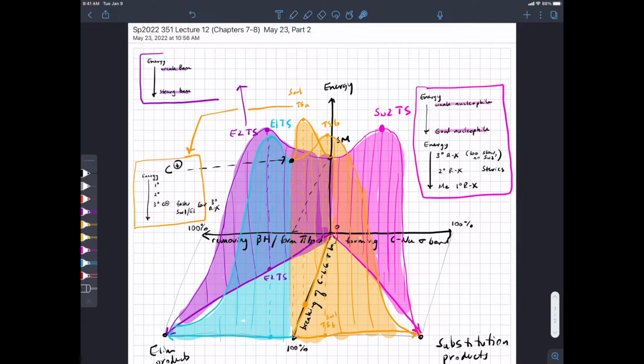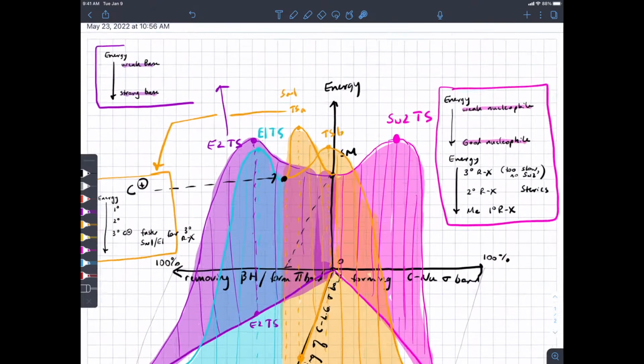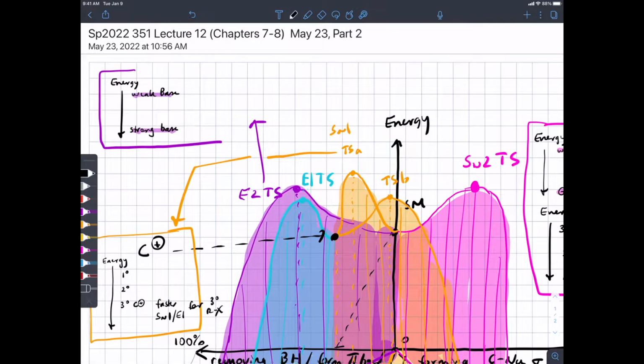And the other thing that's going to favor the E2 reaction is alkyl halide substitution. We're going to see that the E2 reaction is fast for tertiary alkyl halides and is pretty slow for primary alkyl halides.